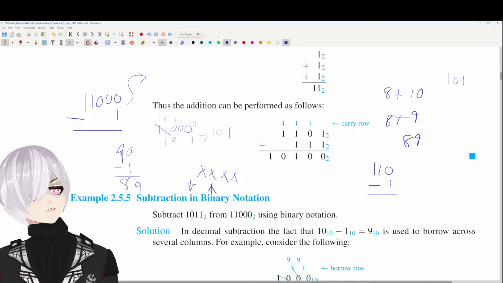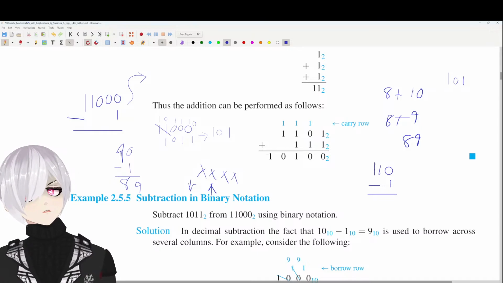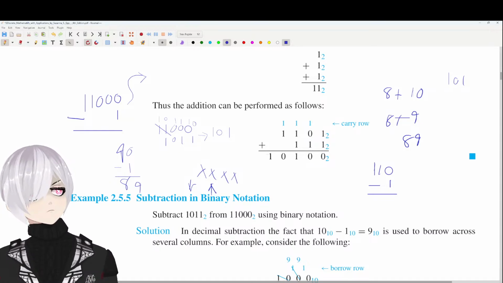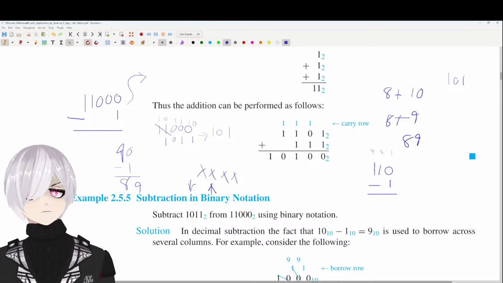It's like you have a one in the fours place, a zero in the twos place, and a 1 0 in the ones place, and that's the same as having a one in the fours place and a one in the twos place. You're changing it so that you can have a two-digit thing in one of the places so the subtraction works.